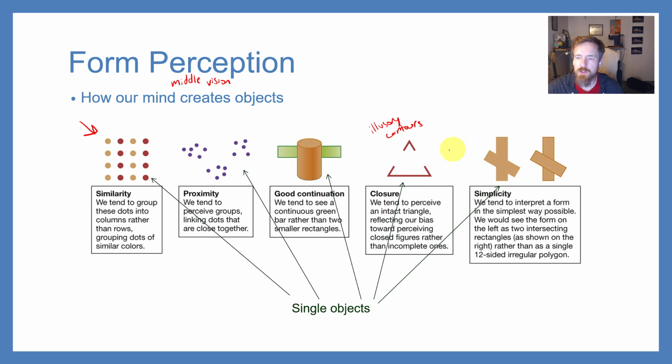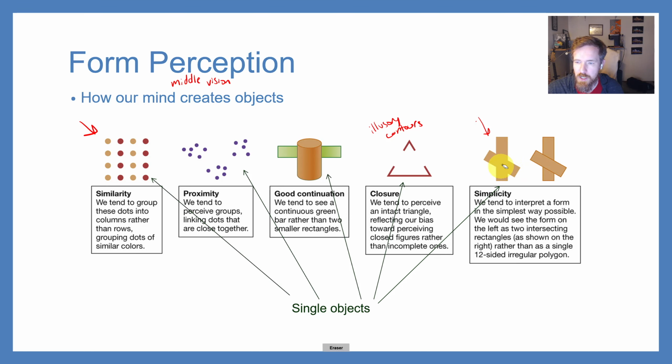Sometimes you'll hear this referred to as good fit, but that's not always true. So in this case, if I were to ask you what this object right here is, you'll probably tell me that it is 2 rectangles, one going in this direction and one going in this direction.